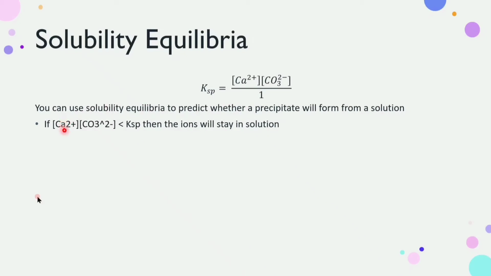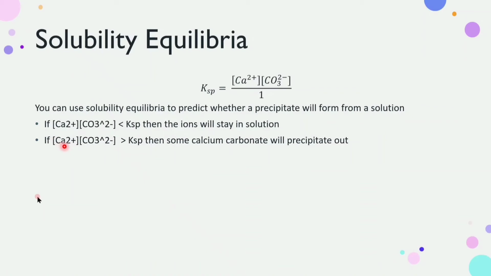If the concentration of our calcium ions times the concentration of our carbonate ions in our solution is less than our fixed constant for Ksp, then the ions will stay in the solution. They will stay dissolved.